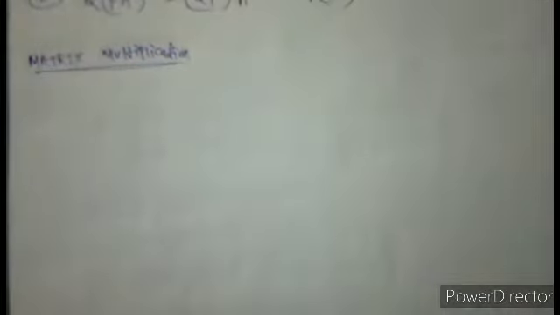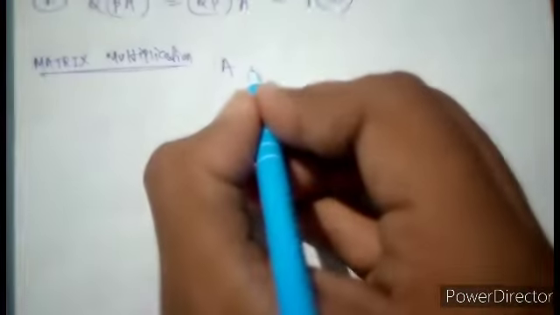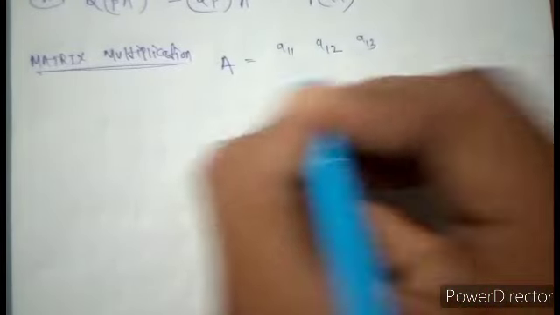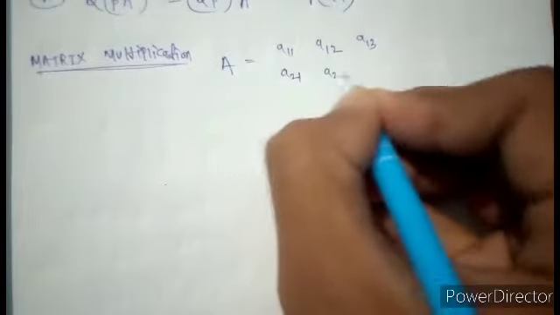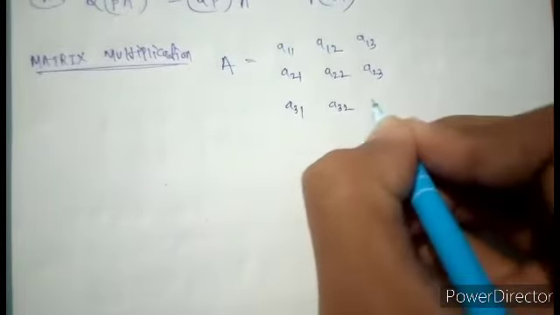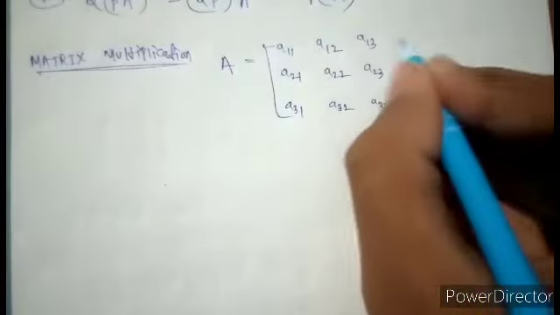Then come to matrix multiplication. What is called matrix multiplication? If we consider A as a matrix equal to A11, A12, A13, A21, A22, A23, A31, A32, A33. This is the matrix.